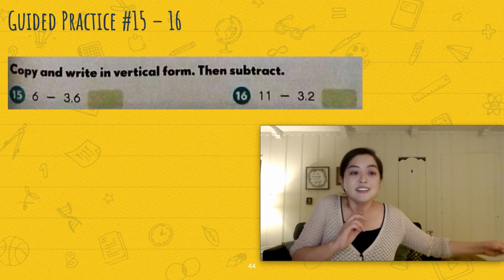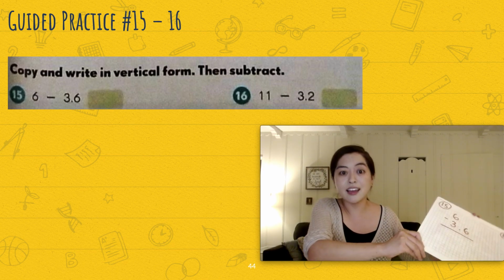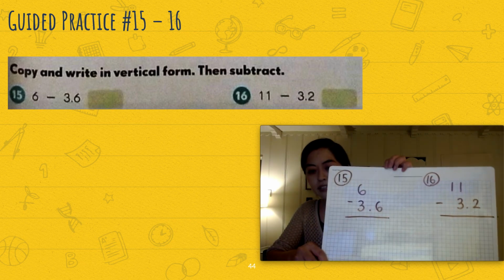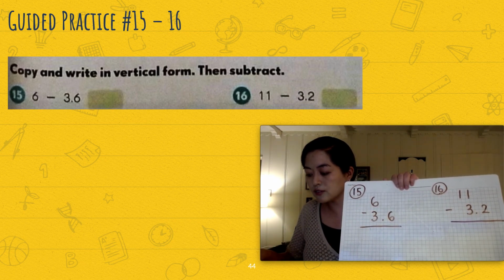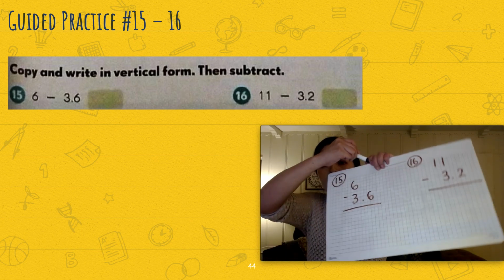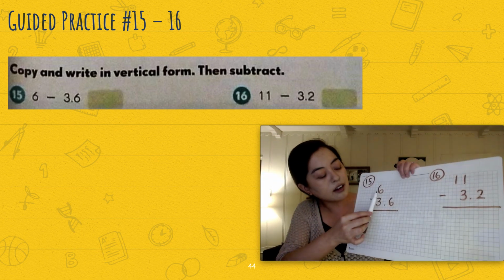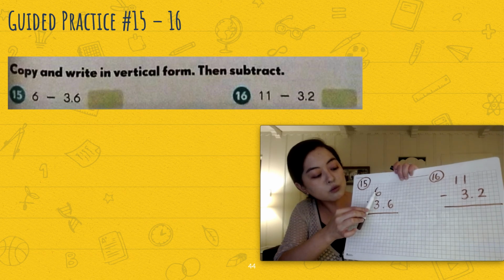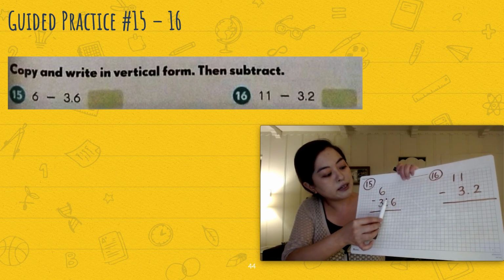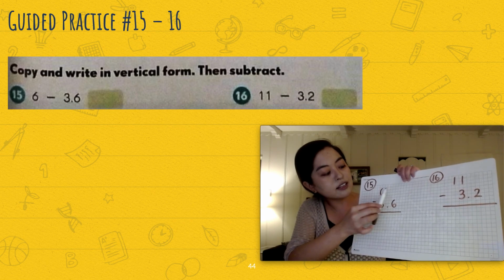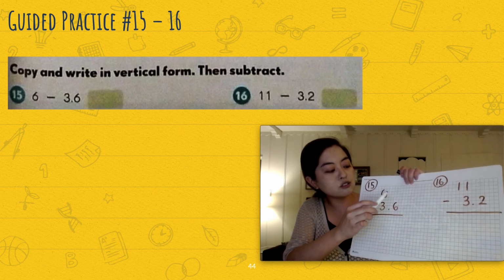Okay. So for number 15 and 16, I stacked it up like this. Okay, let's look at 15 first. So for 15, I see that 6 goes in the ones place, right? But I don't have anything here. So I'm going to change my 6 into a decimal.